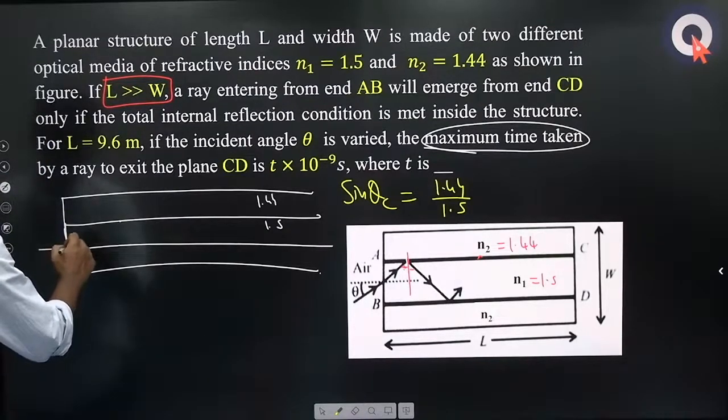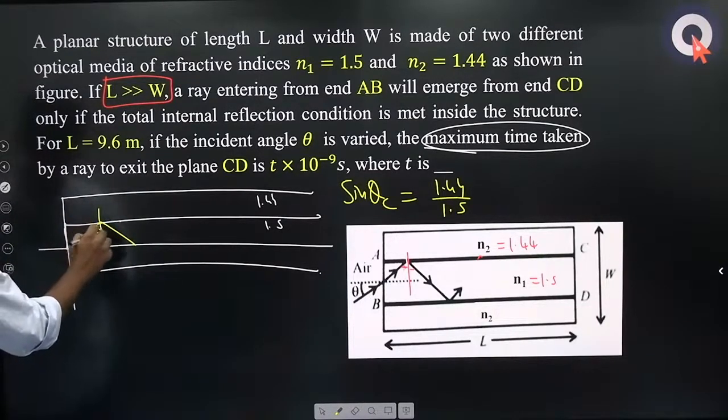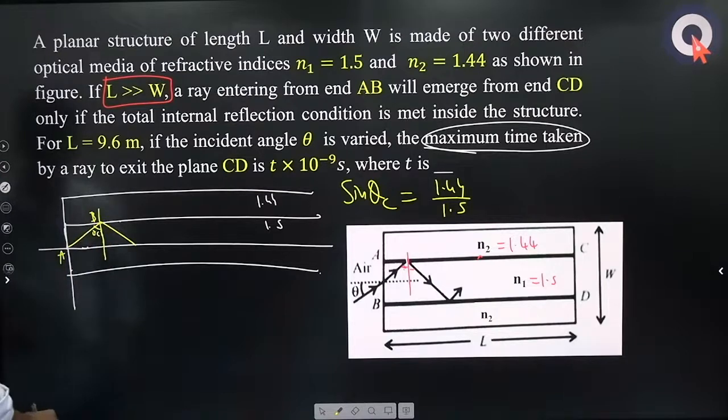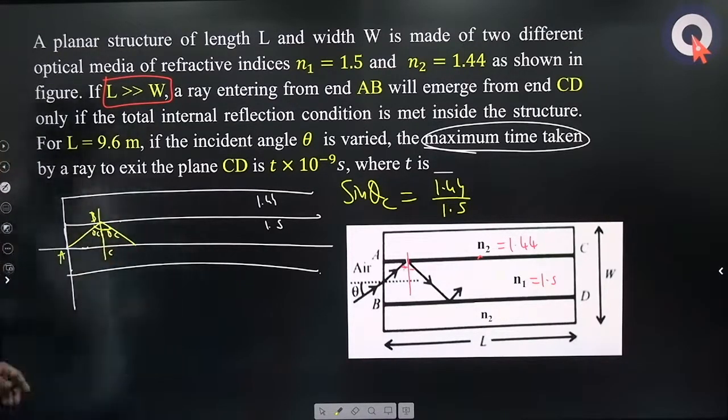Okay, now let me draw the same thing here. We'll go like this. Let us assume the critical angle over here, like this. This is the critical angle. So take this as A, this is B, and this is C. This is also critical angle. Right.